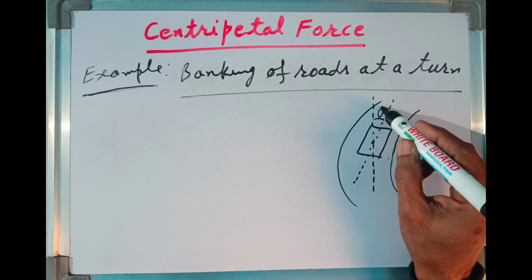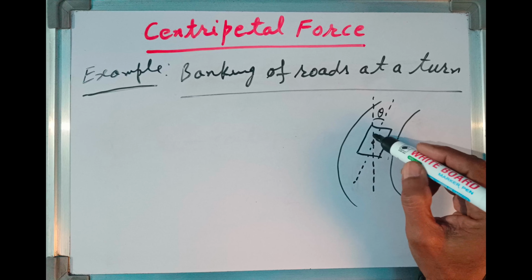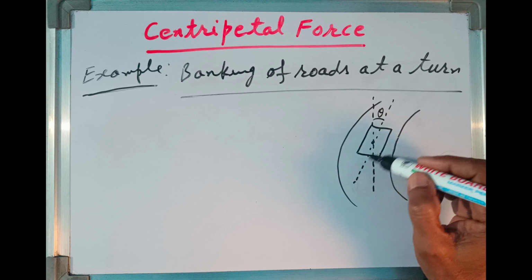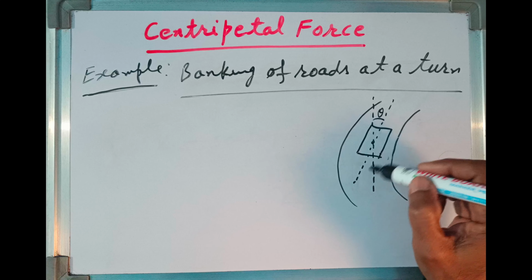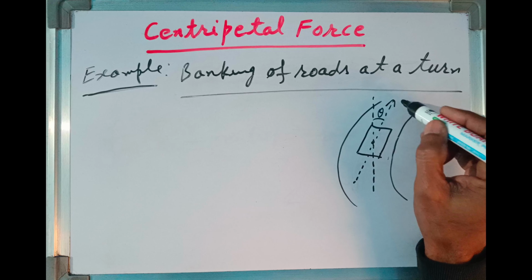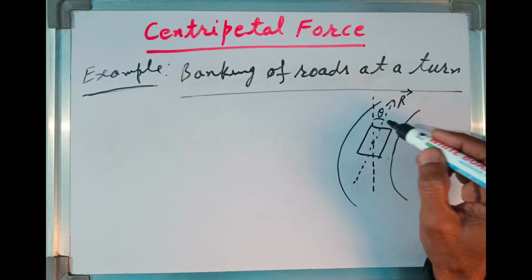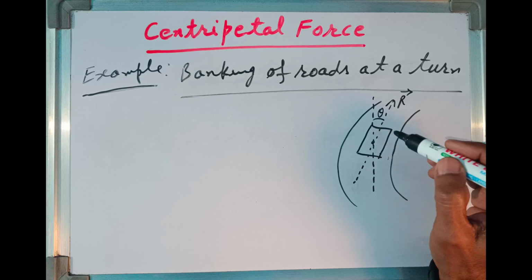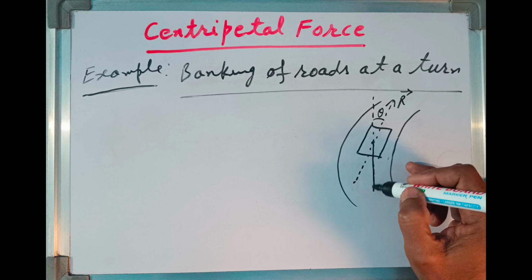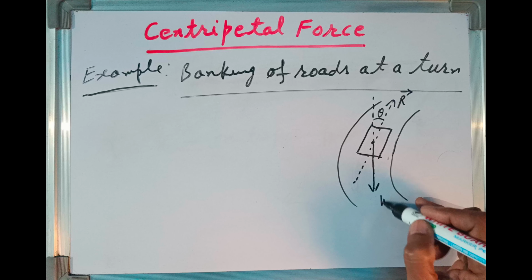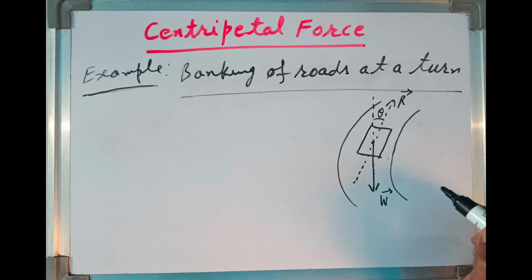Let us suppose this angle is theta. When the vehicle is tilted, then the normal reaction acting on the vehicle due to the road will also make angle theta with the vertically upward direction. And the weight of the vehicle will act in the vertically downward direction.